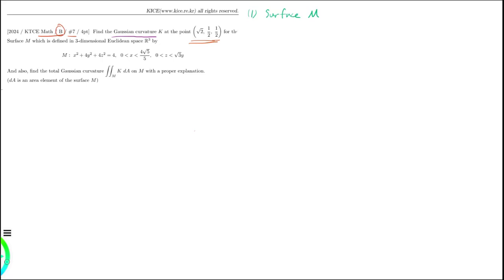Surface M. In this case, this surface M is rather special because it's a surface of revolution.